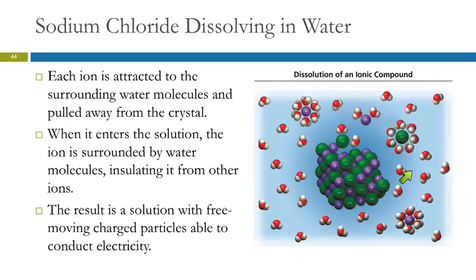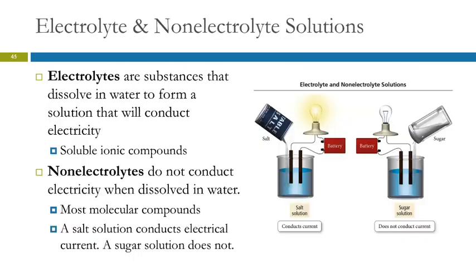Now in this solution, we have positive ions and negative ions that are free to move. In this solid piece of sodium chloride, the ions were there, but they couldn't move relative to each other. So because we have ions now, that solution can conduct electricity. Electric current is the flow of electrons, the movement of electrons. So we use the term electrolyte, and you've probably heard that.